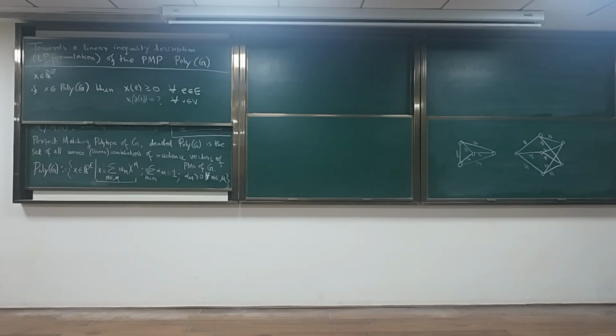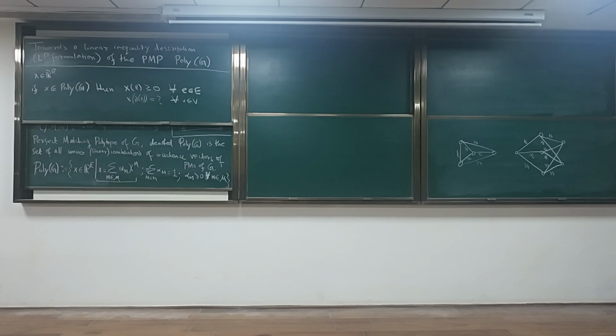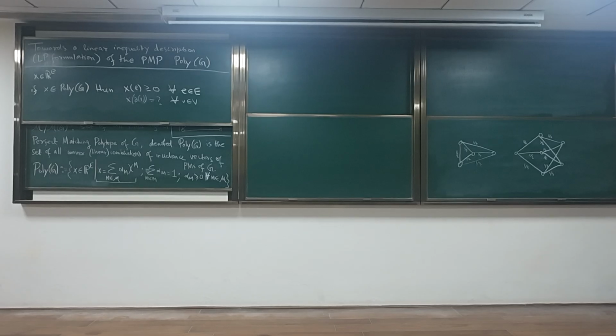No assumptions. The edges that are not in a perfect matching will simply be 0 in all the vectors. What will matter is the edges that are in some perfect matching. Okay, then discuss.